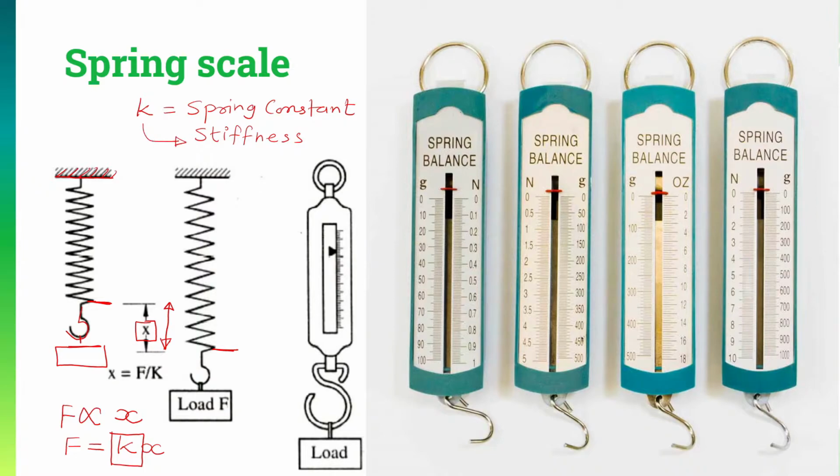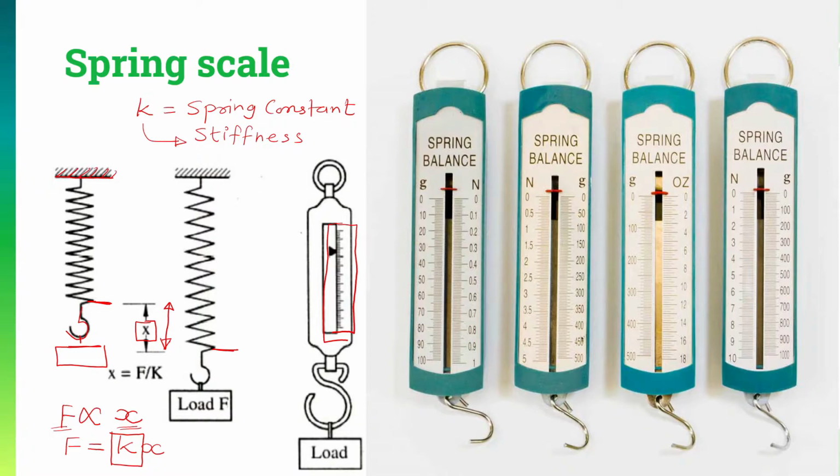Now we know that the force is directly proportional to the deflection. So by applying a number of forces, we can find out for what force how much deflection is occurring, and based on that we can calibrate the whole scale. By using this scale we can directly measure the force with the help of the spring.